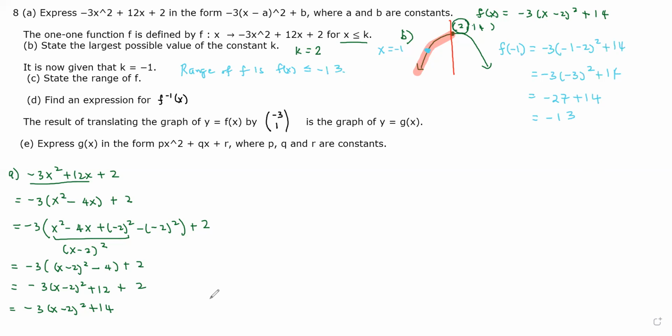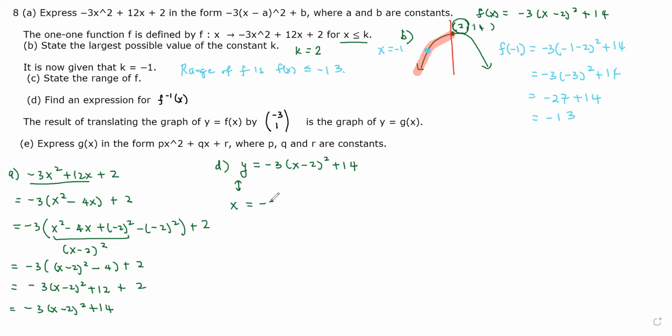Part D, we need to find an expression for f inverse. To find the inverse function, we let y equal f of x. So y equals negative 3 times x minus 2 squared plus 14. To find the inverse, we interchange x and y.